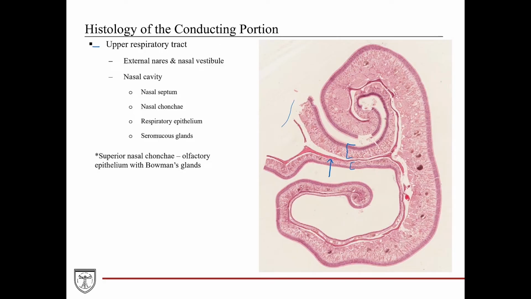What you may notice from this macroscopic view is that the lining epithelium on this side and this side and this side are all pretty thick compared to the lining epithelium on this side. And it's because we're actually seeing the respiratory epithelium here transitioning into the olfactory epithelium right around this area. So the superior nasal concha has the olfactory epithelium that is continuous with the respiratory epithelium.